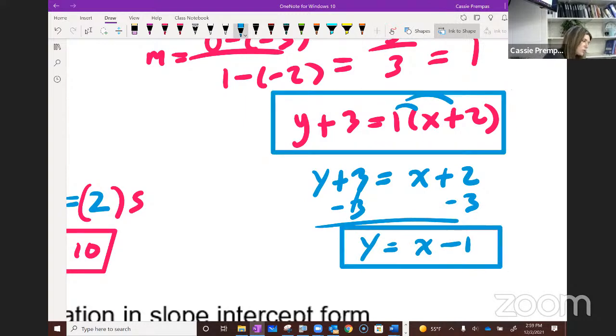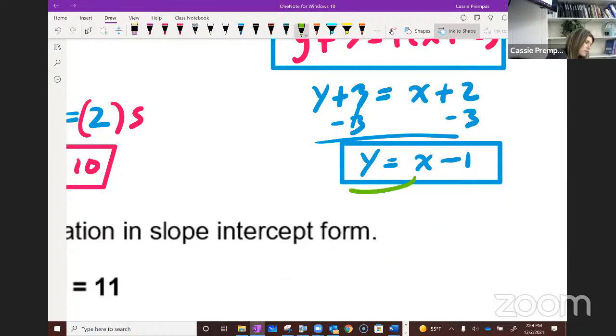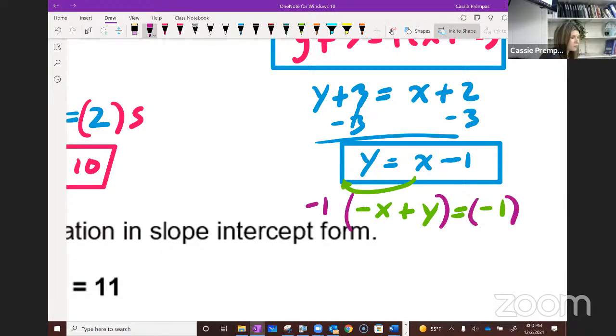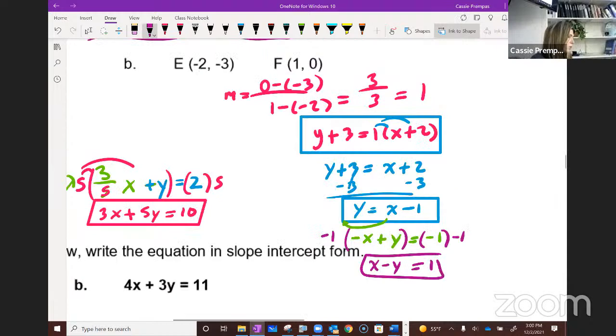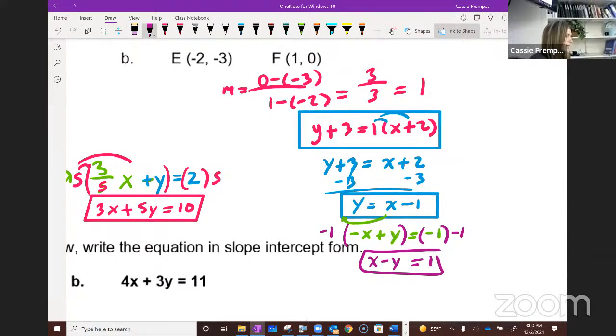For standard, you'd subtract x. You'd have negative x plus y equals -1. But you can't have x being negative, so you multiply it by -1, and there's standard form. Where was point slope? Point slope was y plus 3 equals 1 times x plus 2.